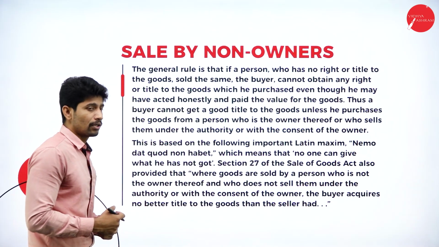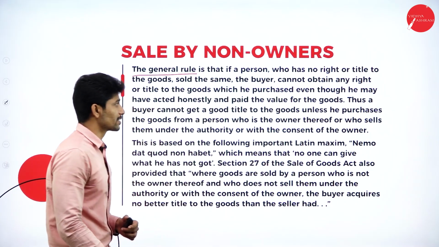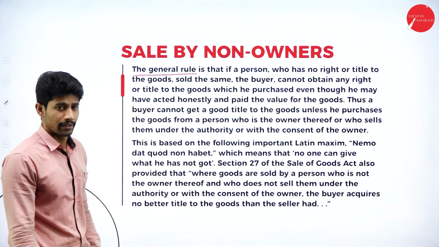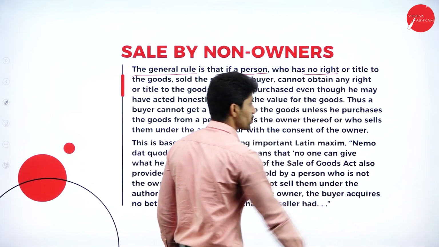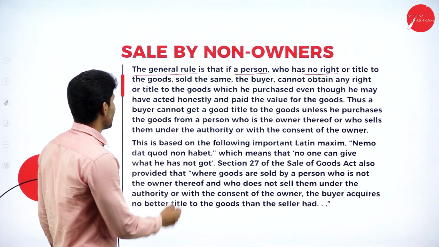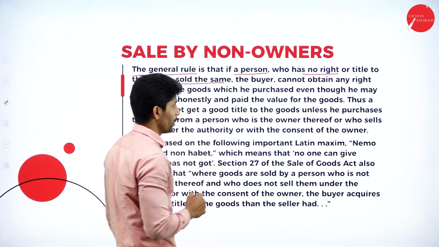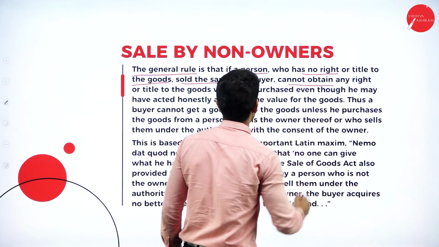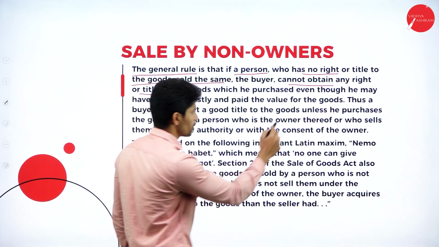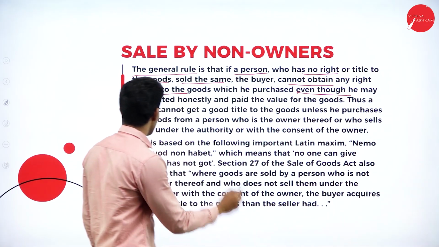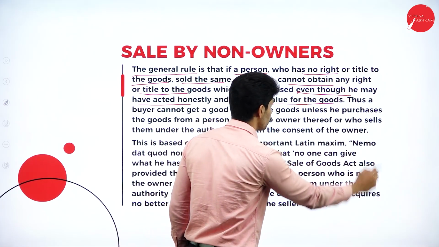So, sale by non-owners. The general rule is that if a person who has no right or title to the goods sells the same, the buyer cannot obtain any right or title to the goods which he purchased, even though he may have acted honestly and paid the value for the goods.